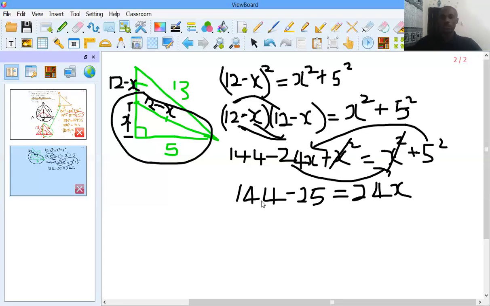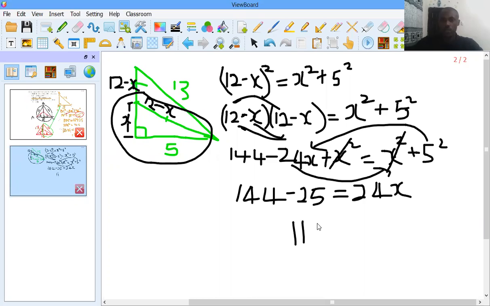So subtract these: 144 minus 25 is equal to 119.